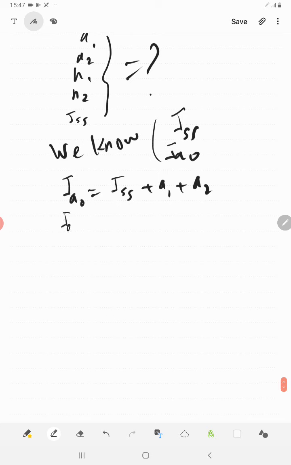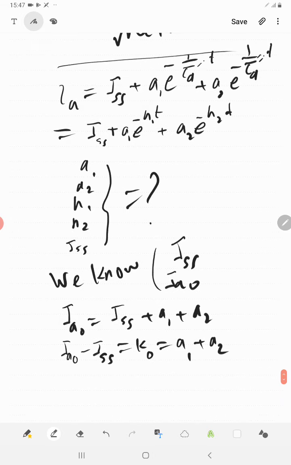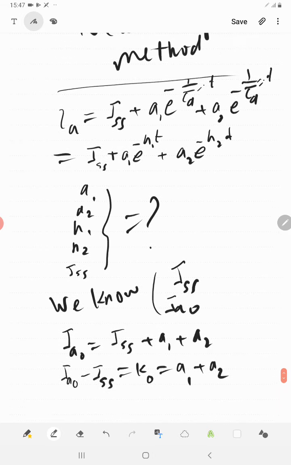Then I_A0 minus I steady state equals K0, which equals A1 plus A2. So we know the sum of A1 and A2, but we don't know which one is which: what is the value of A1, what is the value of A2?